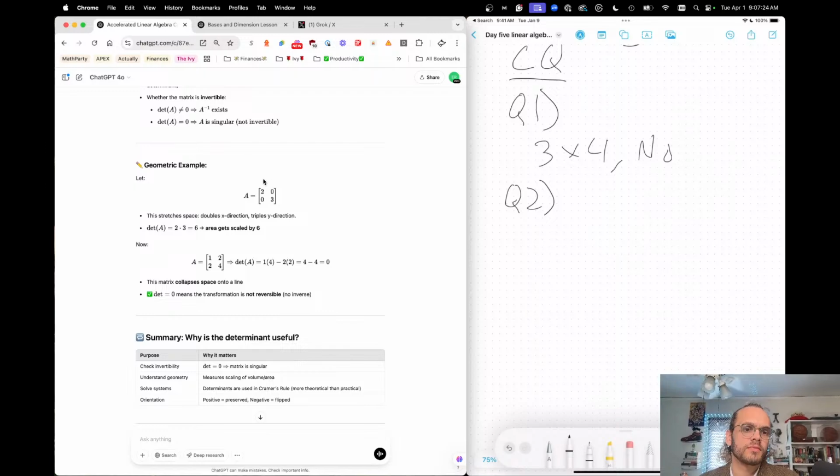So this doubles the x direction and triples the y direction. That makes sense to me. So the area gets scaled by 6. So the determinant is that. I see.